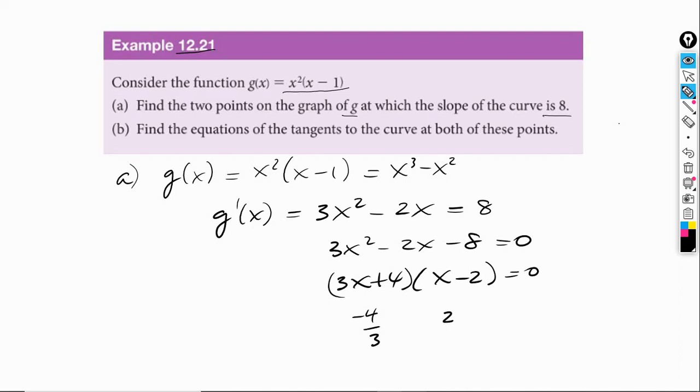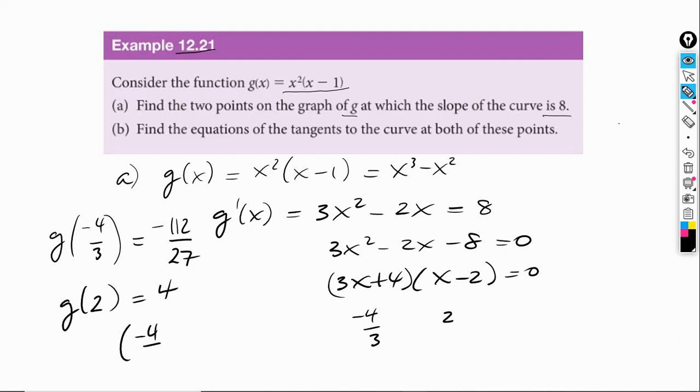So g of negative 4/3 is going to give us some horrible number, negative 112 over 27. And then if we do g of 2, that's going to give us 4. So we found the 2 points. The 2 points would be negative 4/3, comma, negative 112/27, and 2, comma, 4.